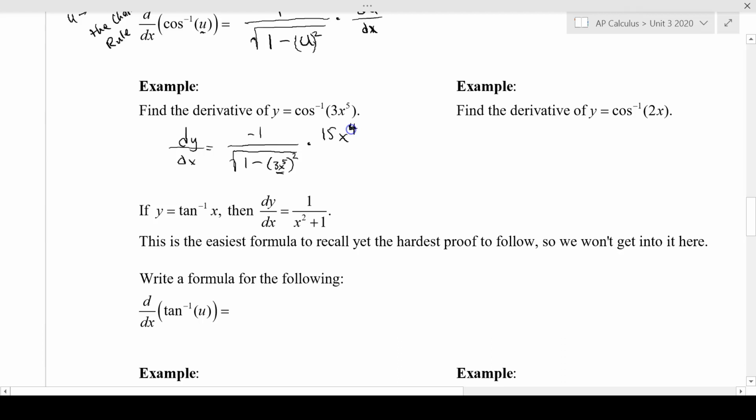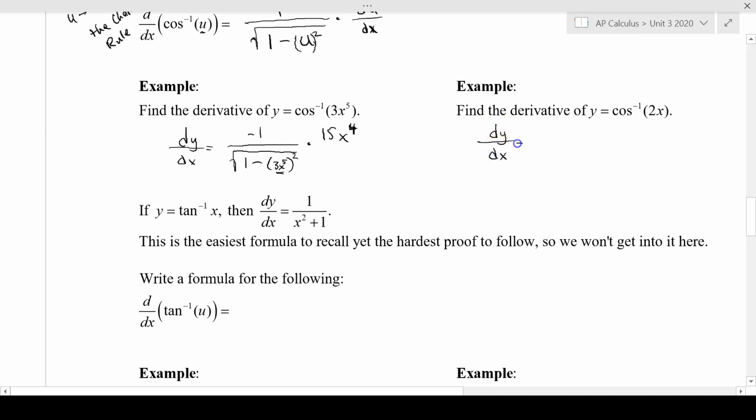I would just put a negative 15 on top of the numerator instead of multiplying it out like this. And I might do 9, for 3 squared, x to the 10th on the denominator. So if you have a multiple choice question, yes, you can simplify. But let's move to the next example.